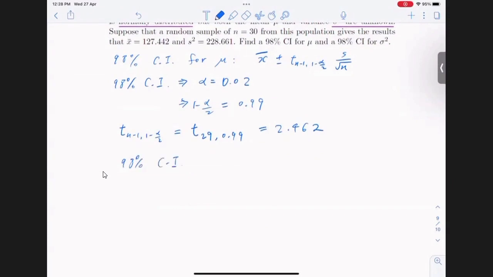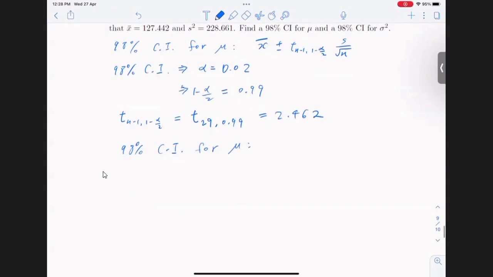But anyway, after we have all these quantities, we can substitute everything into the formula: the sample mean plus minus the quantile multiplied by the sample standard deviation, which is the square root of the sample variance, divided by the square root of the sample size. The rest will be routine computation.